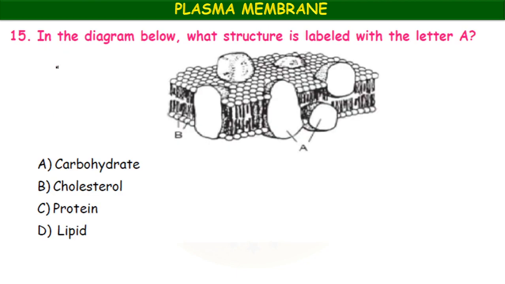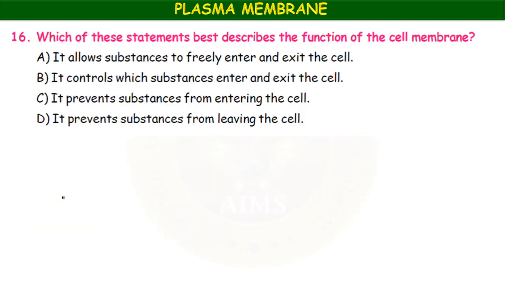In the diagram given below, what structure is labeled with the letter A? Carbohydrate, cholesterol, protein, lipid. Okay, it is the protein. Which of these statements best describes the function of the cell membrane?